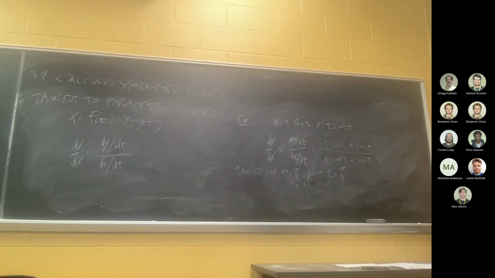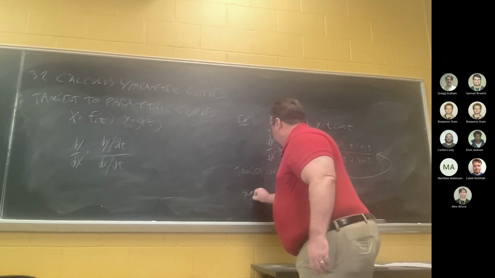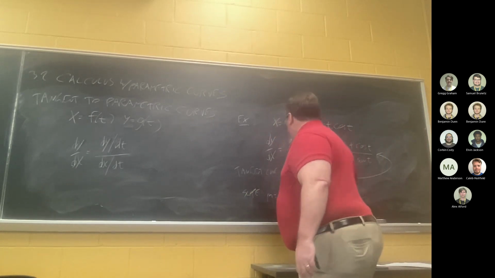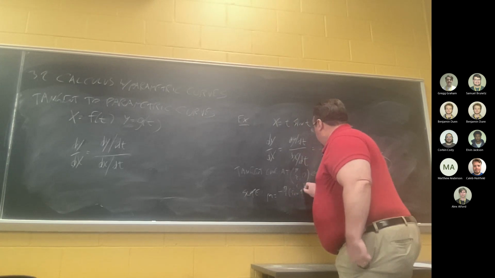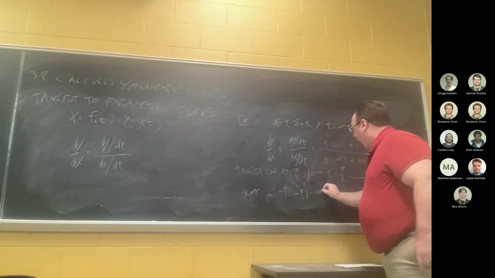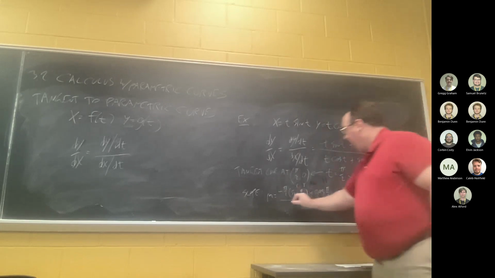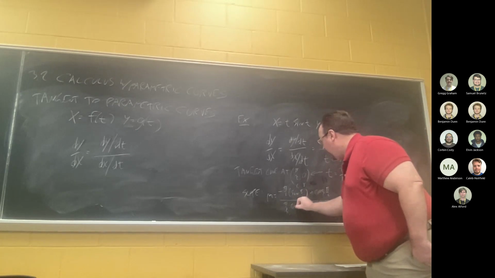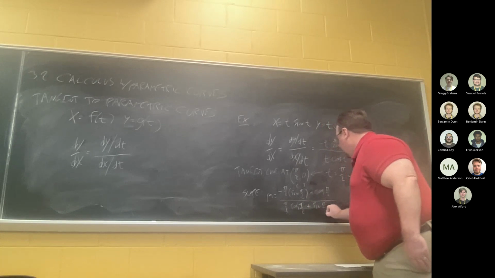So then you can substitute that in here to get the slope. The slope m is equal to minus pi over 2 sine pi over 2 plus cosine pi over 2, divided by pi over 2 cosine pi over 2 plus sine pi over 2.